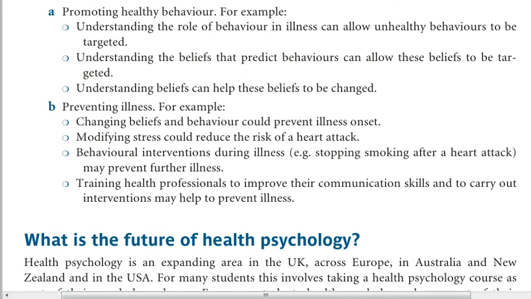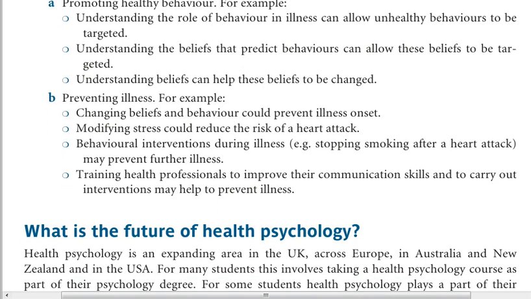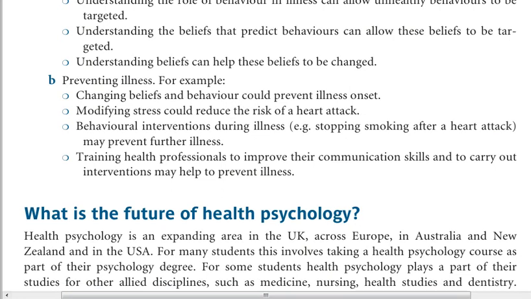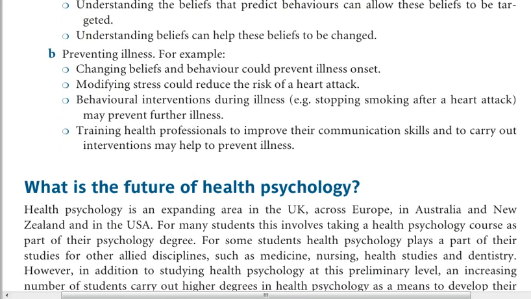Behavioral interventions during illness, e.g., stopping smoking after a heart attack, may prevent further illness. Training health professionals to improve their communication skills and to carry out interventions may help to prevent illness.